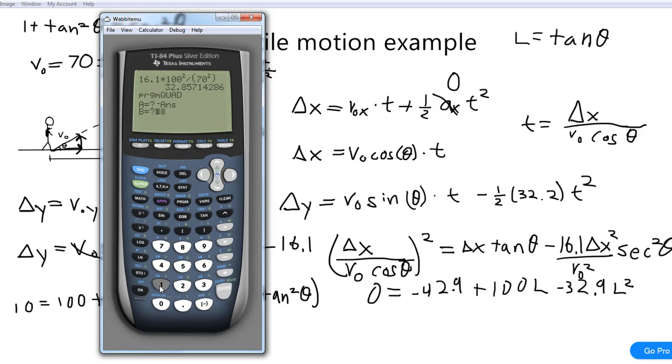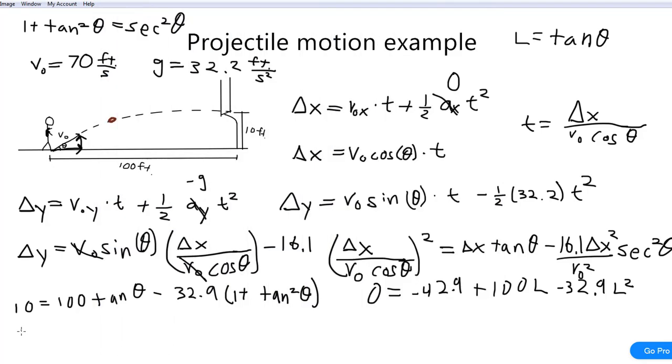B is going to be 100, and then C is negative 10 minus second answer. In the end, we get these two values. So L is then going to equal 0.5160 or 2.527.